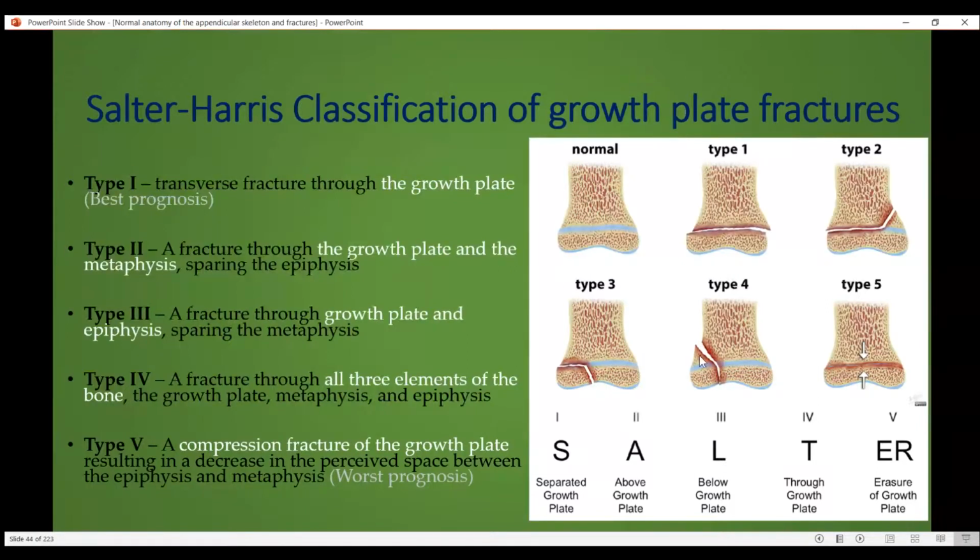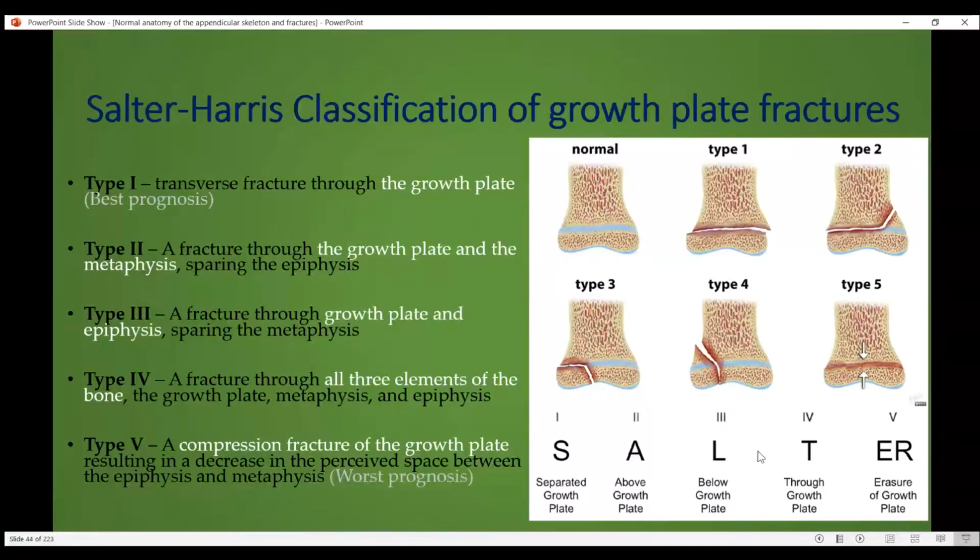So it is actually through the surface. So it is called type 4. ER, where there will be compression or erasure of the growth plate. So it is type 5. So how is Salter classification remembered? Salter classification is remembered by its name itself.